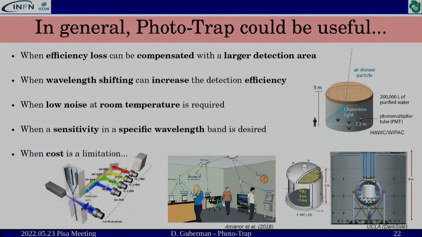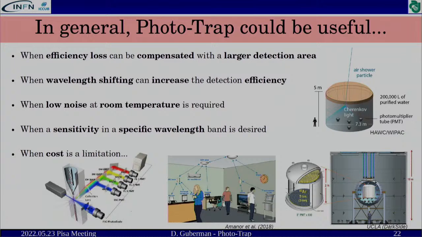So with these conditions, in which applications can we say we can use a pixel like this? I was mentioning all these cases in which you are facing a very large detection area, so that photons are spread over a large area. So even if you have a low PDE, you can increase your sensitivity just by increasing the area, which happens, for instance, in some experiments in Cherenkov light detection.